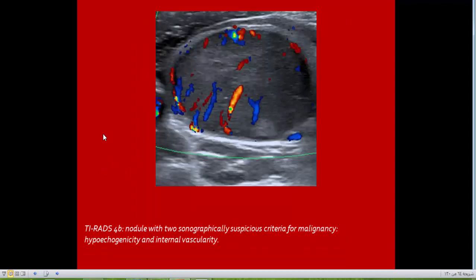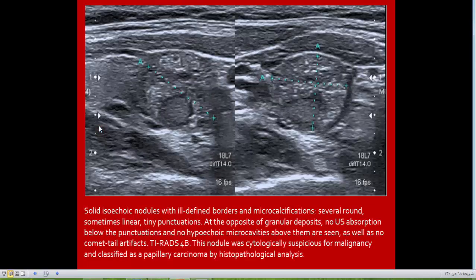TI-RADS 4B nodule with two sonographically suspicious criteria of malignancy: hypoechogenicity and internal vascularity. This is highly suspicious or malignant type A by Horvath et al. This is an indication for FNA, fine needle aspiration biopsy.